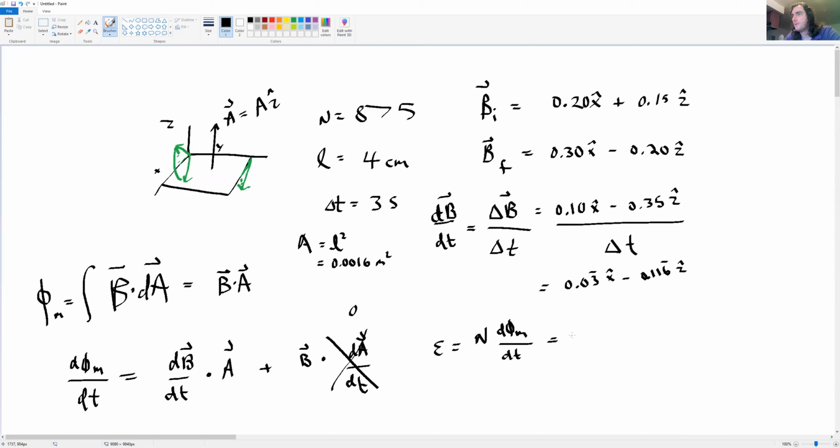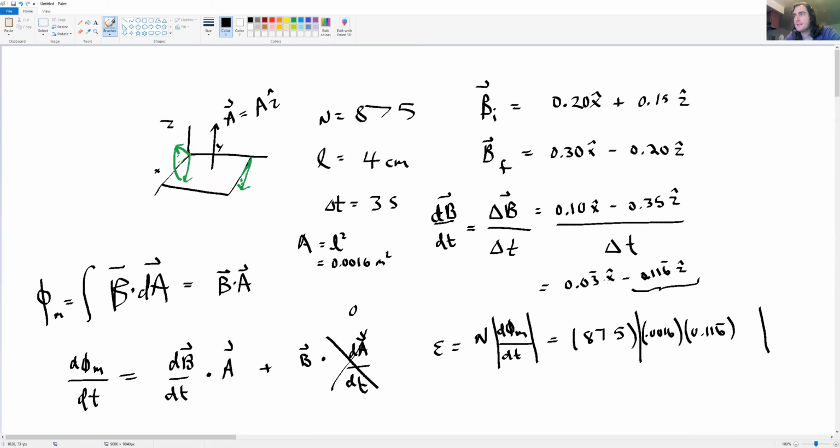Right? So we have N is 875. We have that the magnetic flux time rate of change is dB dt dot product with A. So the dot product there is just going to single out the Z component, right? So it's going to be 0.0016 times 0.116, like repeating decimal.